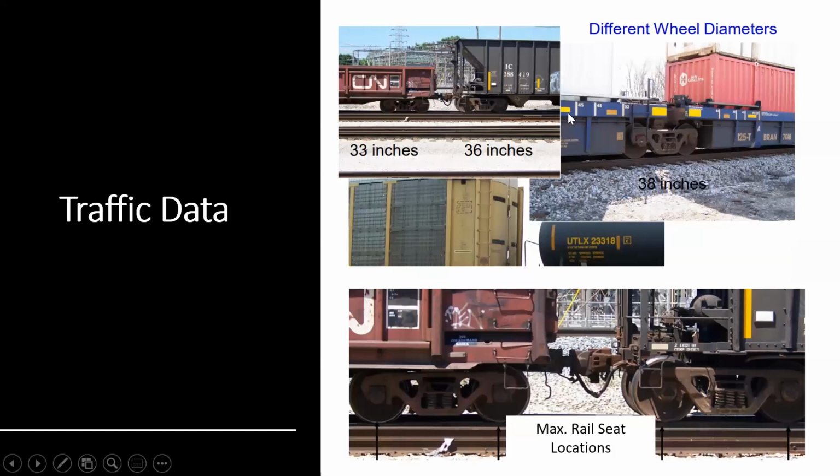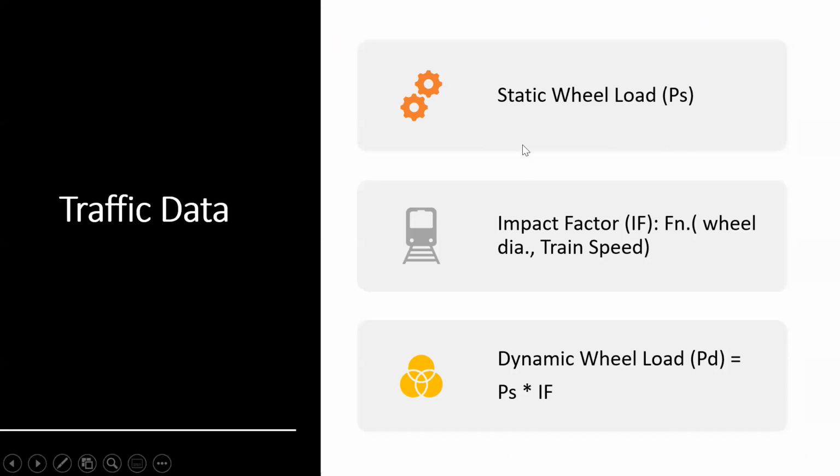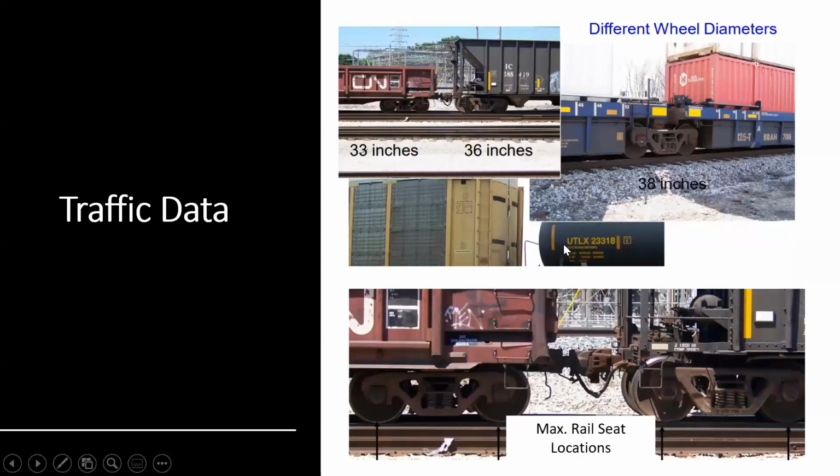Different wheel diameters are very important because they actually feed into your impact factor, and the impact factor can vary significantly. So you need to be aware of the wheel diameters you're expecting on your rail track. A lot of studies have been done to see what the critical loading condition is, and it was found that the condition I'm showing in the picture at the bottom, where you have 4 axle loads, is critical.